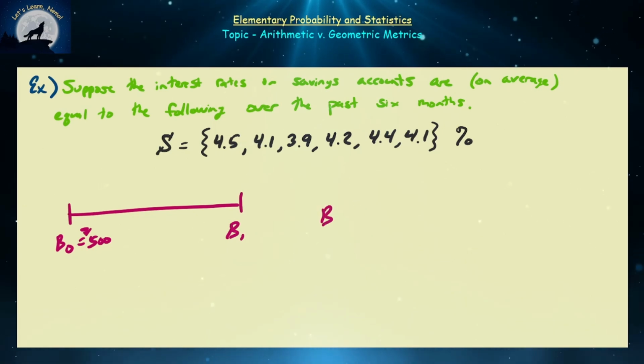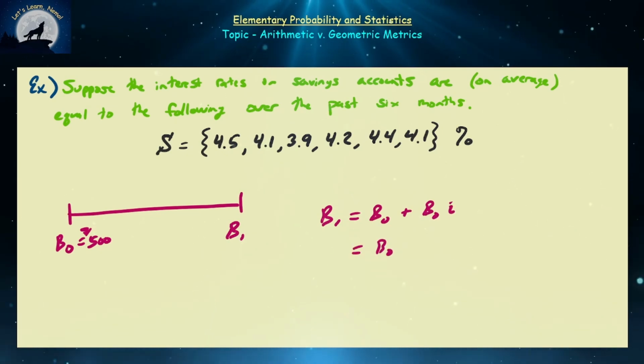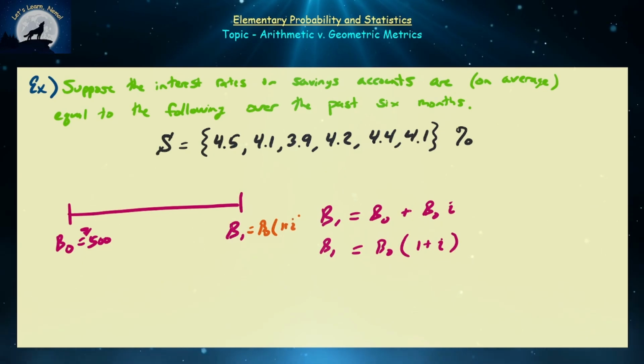B1 is going to be equal to B0 plus some interest. It's going to be some percentage of B0, so B0 times that interest rate I, and we can factor out B0 from this expression, and we have 1 plus I, right? So multiplicatively, this value is just going to be equal to B0 times 1 plus I.